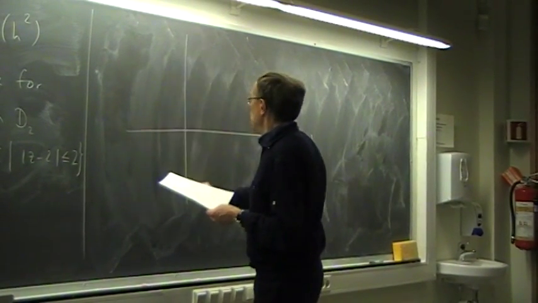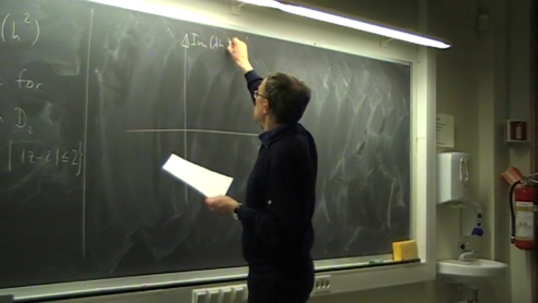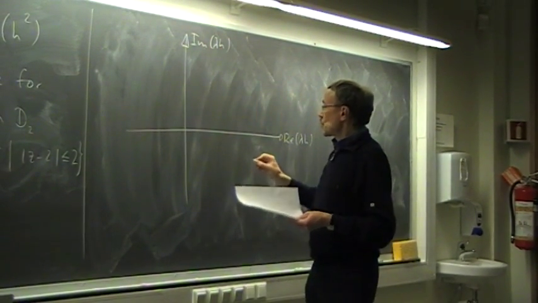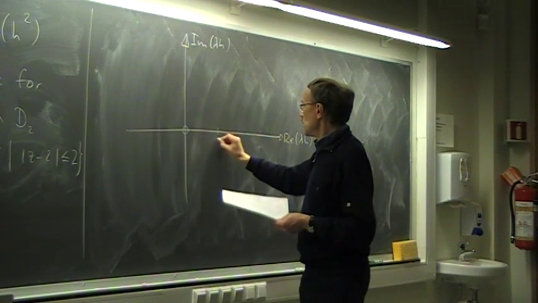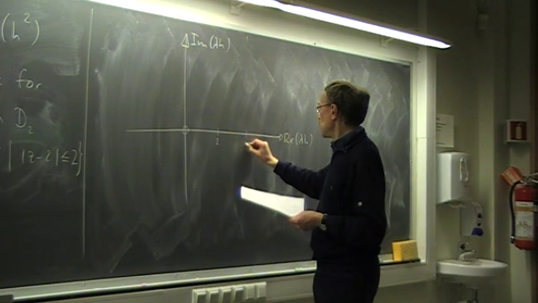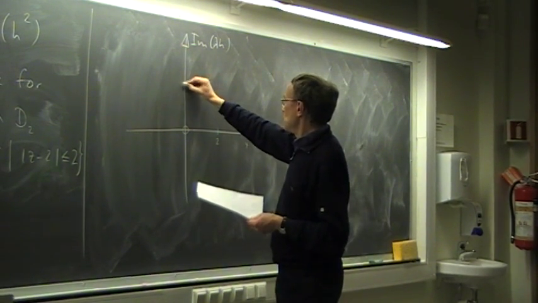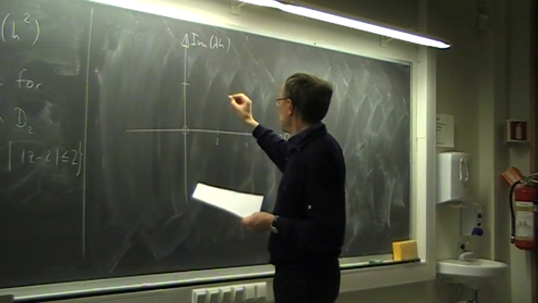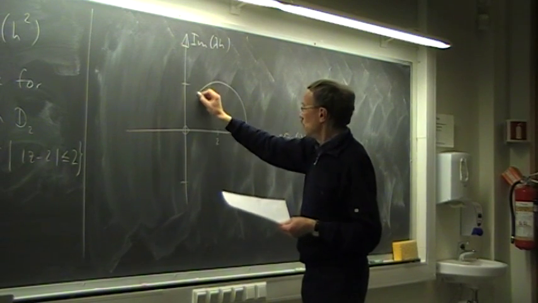And then we have here the imaginary part of lambda h. And now we get a circle. Here we have the origin. We have now a circle around 2. So then we have here 4. We have the 2 roughly here. So this is 2i. This is minus 2i roughly. So we get a circle.